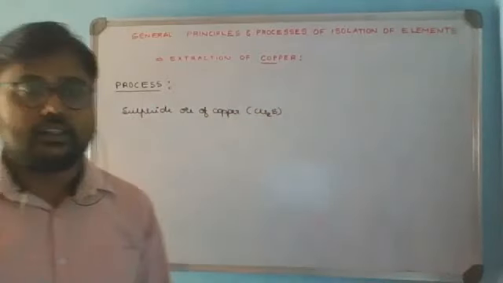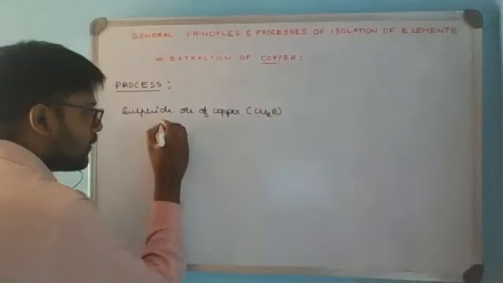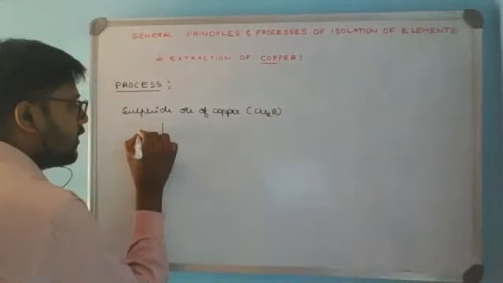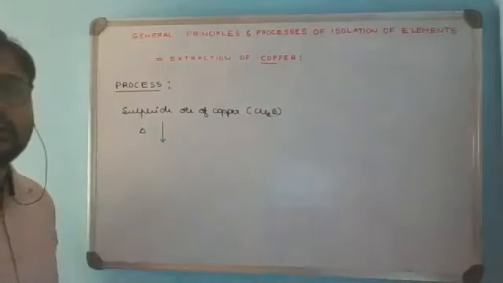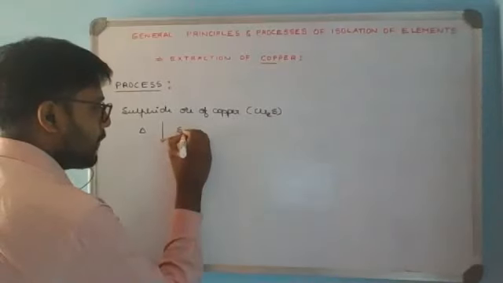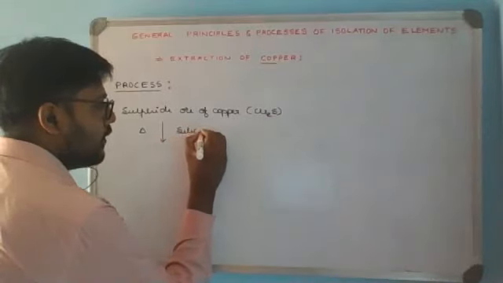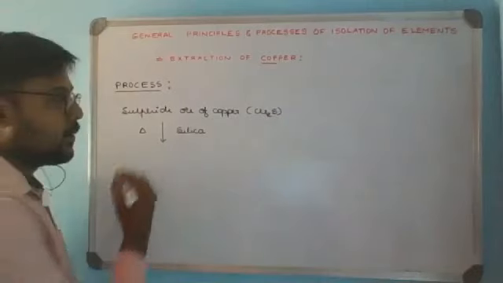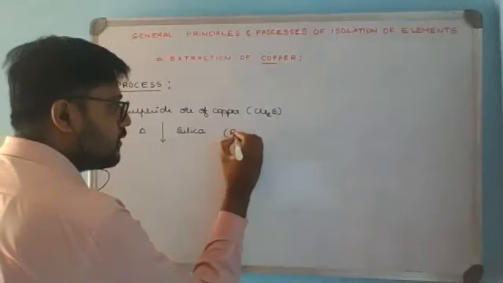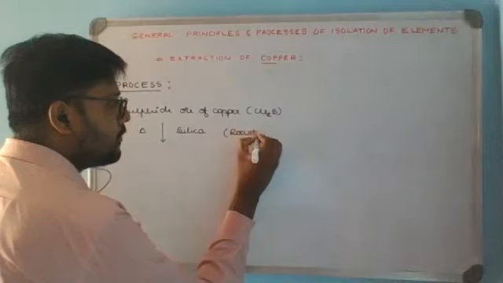The sulfide ore of copper is heated in the presence of silica. So the process is heating, the roasting process.